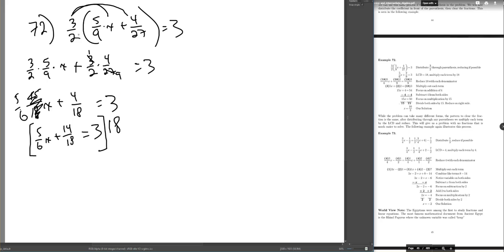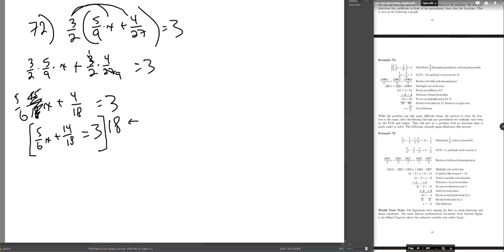Now, you'll notice up here that there were brackets, and there's 3 over 2, and we did 3 over 2 multiplied by this, 3 over 2 multiplied by this, but we didn't do it to the 3 here. Whereas here we're multiplying everything by 18.